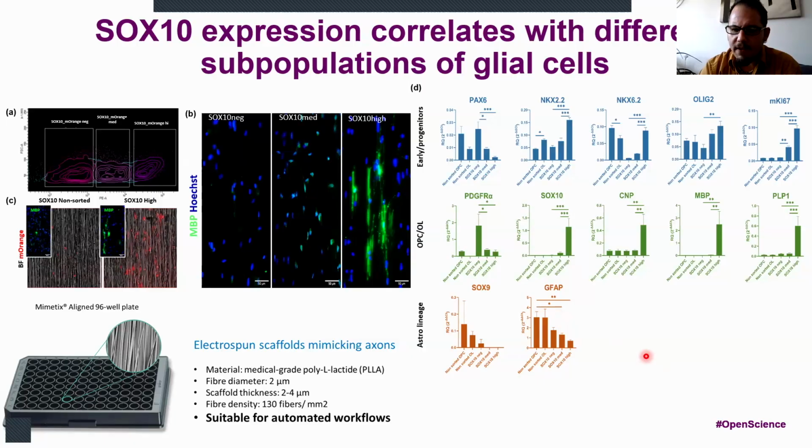So all in all, this confirms that we have a very heterogeneous culture when we don't isolate these oligodendrocytes from the rest of the culture, and there are still some progenitors lying around. Now, we asked whether we can study this population in order to benchmark the amount of each subpopulation and see if those might change under certain cues.